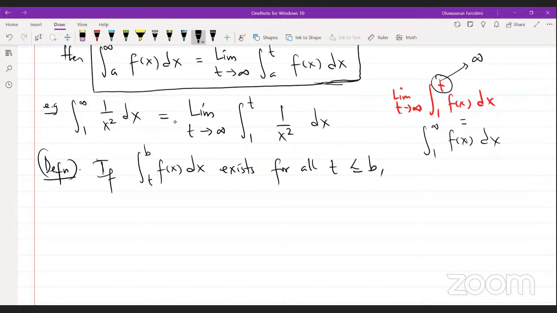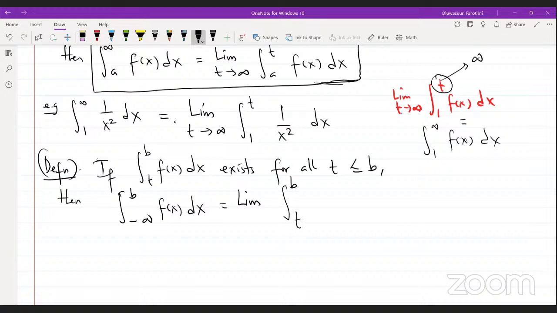Makes sense? So if this happens, then the integral from negative infinity to b of f of x dx. What do you guys think this is going to be equal to in terms of the limit? That means I have to write a limit, right? I'm going to replace this lower bound by a constant. Let's just call it t.